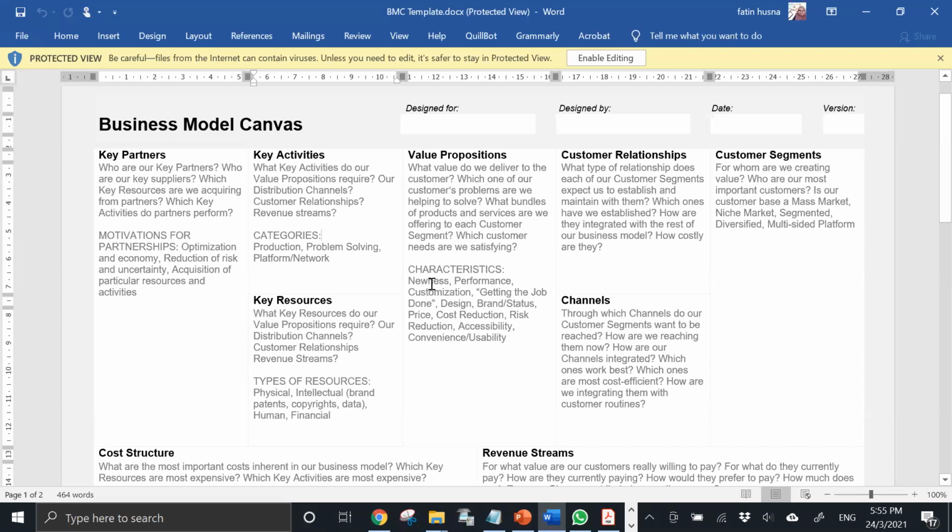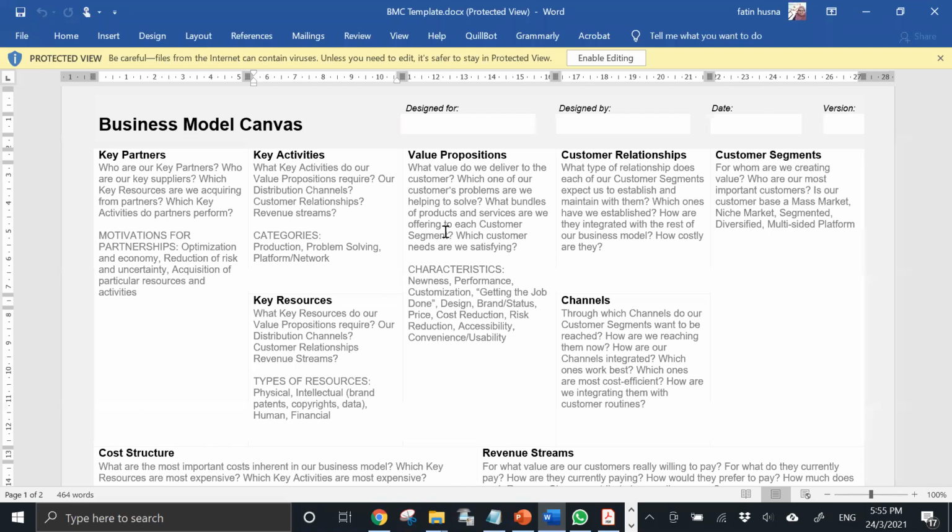If you receive comments from me, share them back to your group so that everyone can learn from each other. BMC is not something that you work on alone. Maybe you are working alone for the group, but share back the comments so that the other group members can learn as well, so that when it comes to your final assessment, everybody can actually excel.